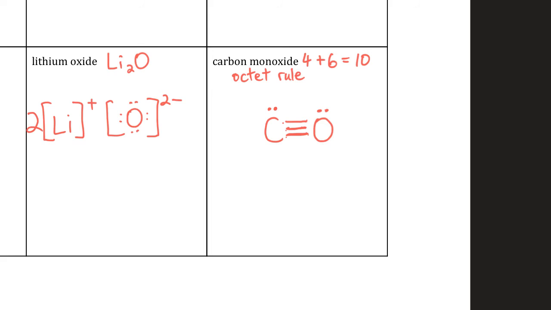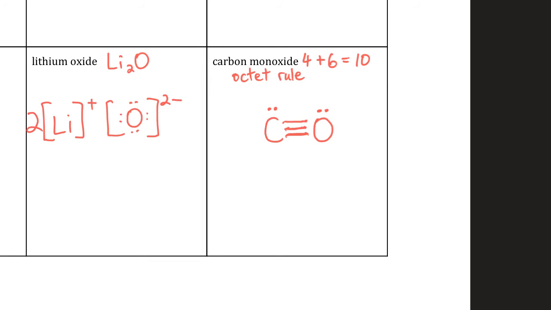Look at carbon. 1, 2, 3, 4, 5, 6, 7, 8. Octet rule. 1, 2, 3, 4, 5, 6, 7, 8. Octet rule. Okay, so both of these satisfy the octet rule, and so this is what it looks like for the Lewis diagram. Okay, so that's carbon monoxide.